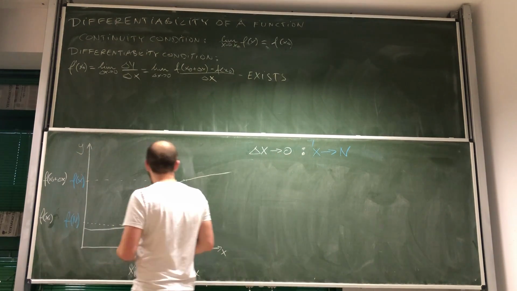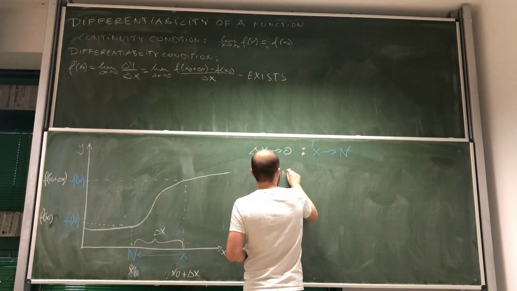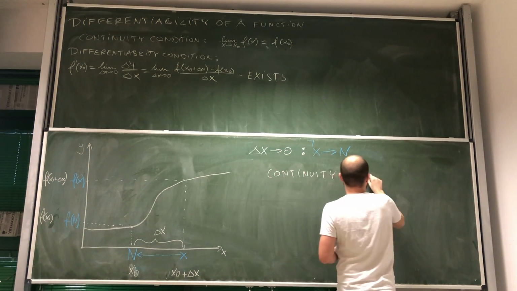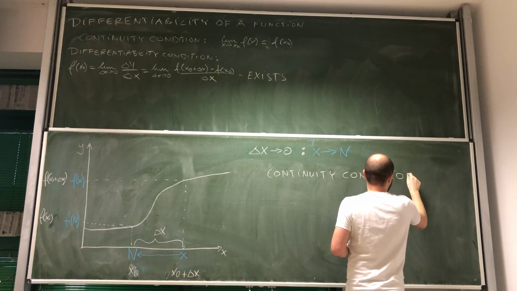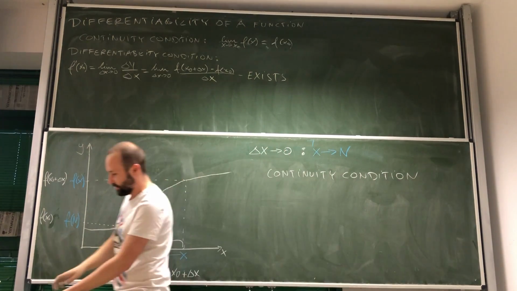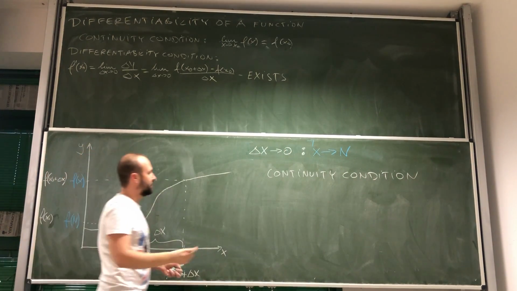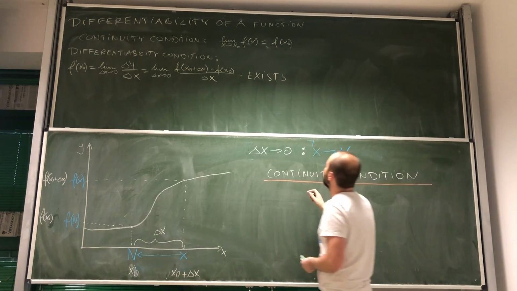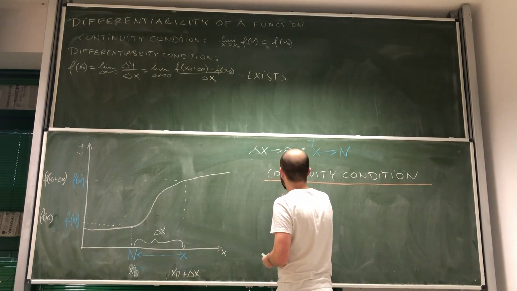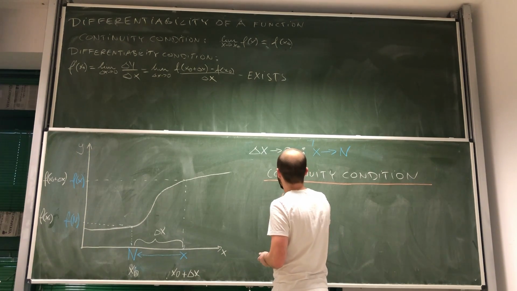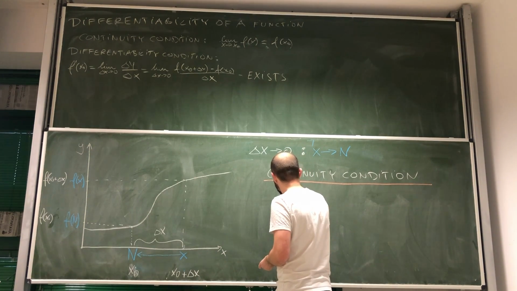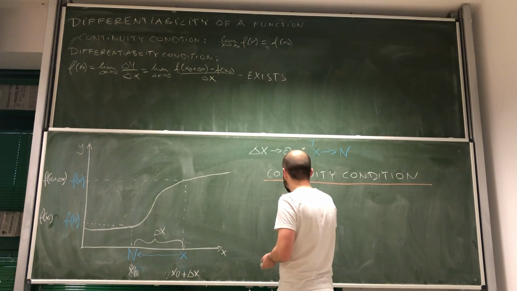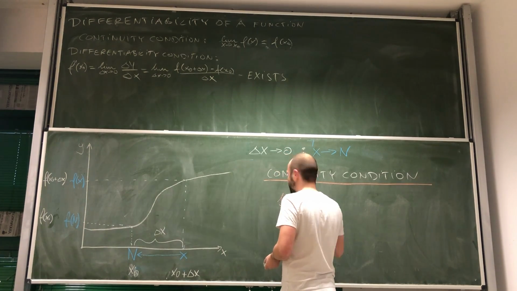Why? Look, now continuity condition. Okay, let's denote continuity condition with a red color. Can be written as limit with x approaching n, right?